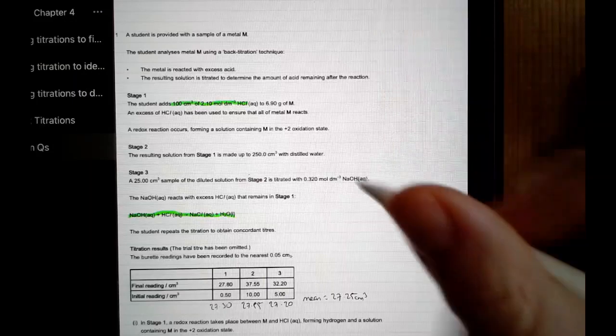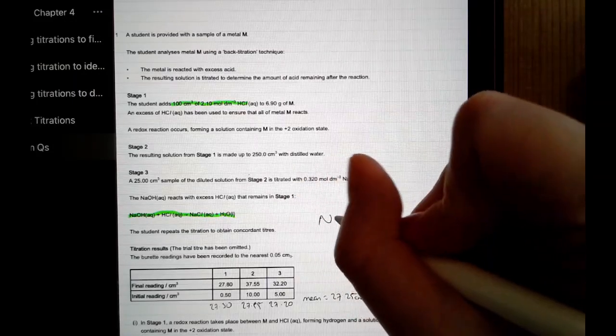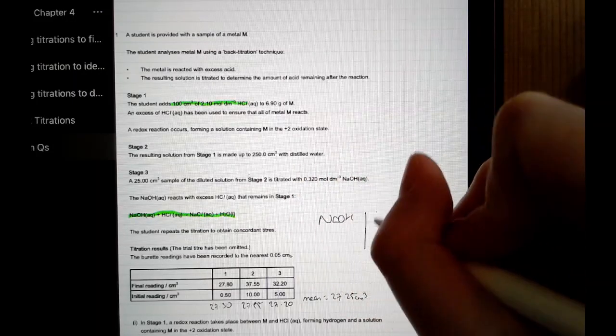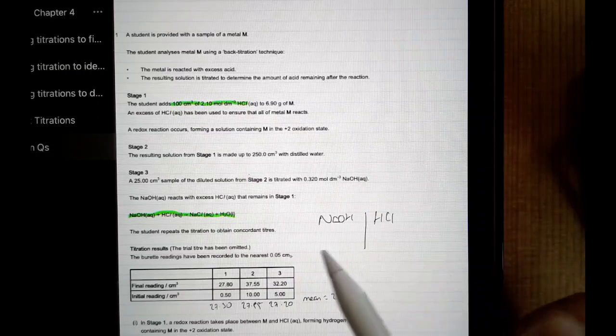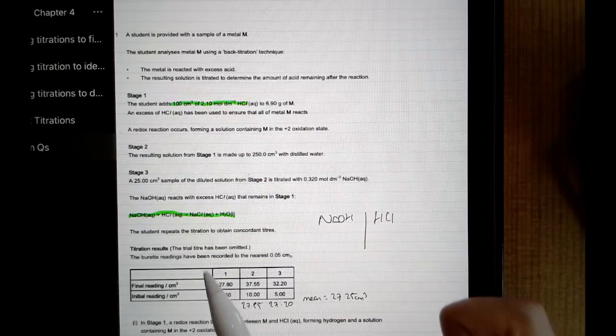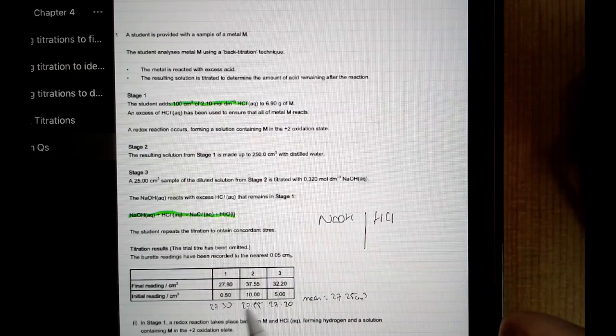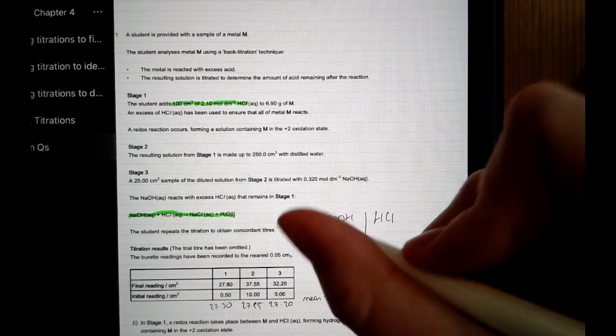So initially, the calculation is just going to start with your typical titration table. You're given the volumes down here. You're going to have to work out the different titres. So I've done that again, recording my answers to 2 decimal places, and then using my 1 and 3, my concordant results, I work out that my mean is 27.25, and that refers to the sodium hydroxide.